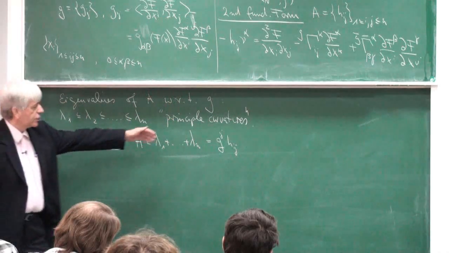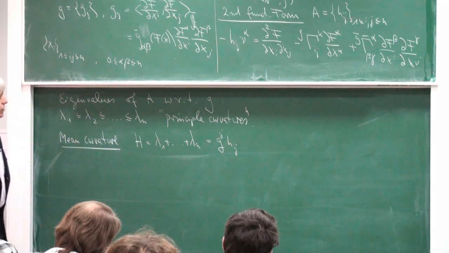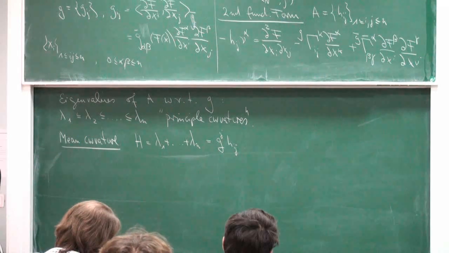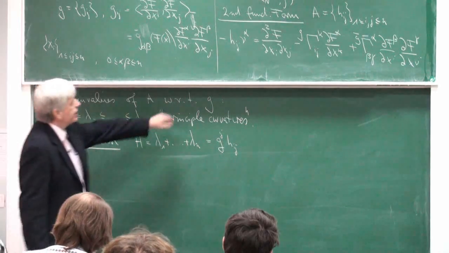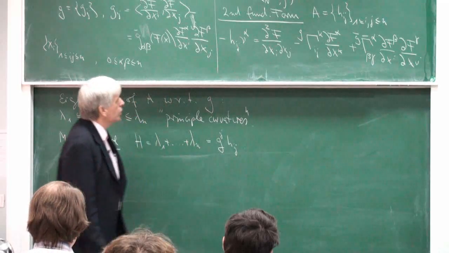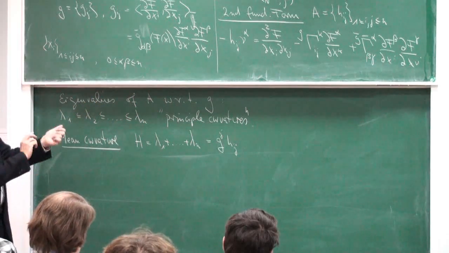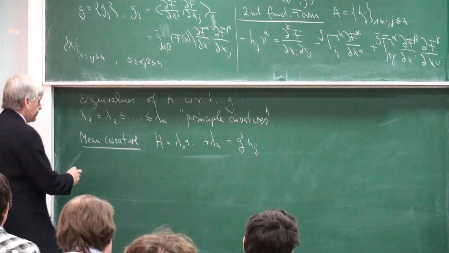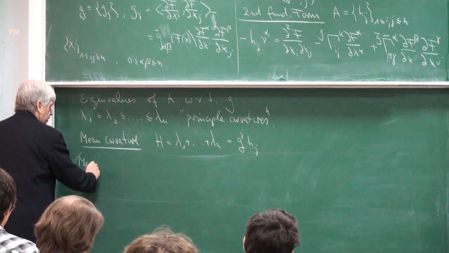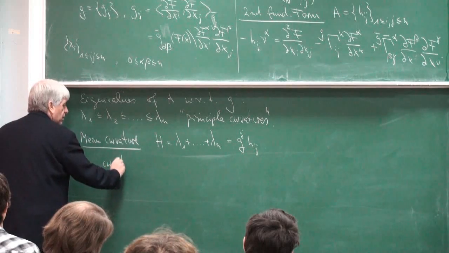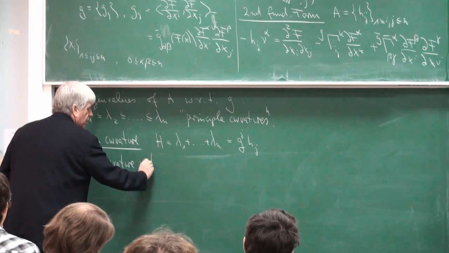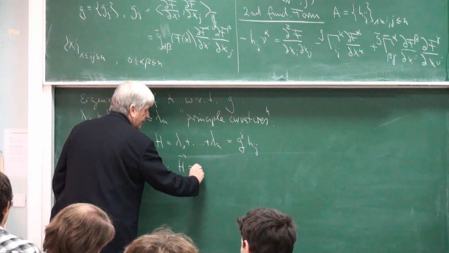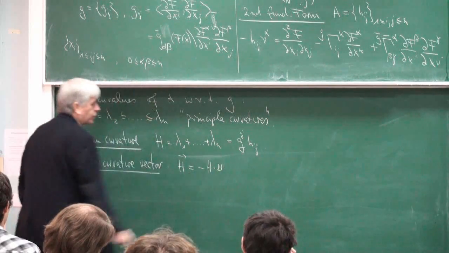G upper ij is the inverse metric, so we take the trace with respect to the metric. Of course it depends on the sign of the unit normal: if you choose another unit normal, you get a different sign for the mean curvature. But the mean curvature vector is independent of the sign of the unit normal.